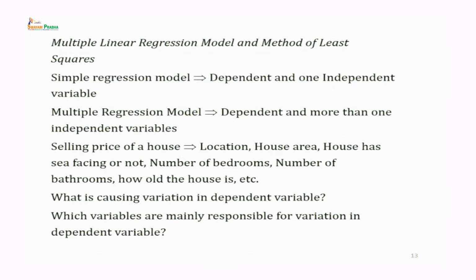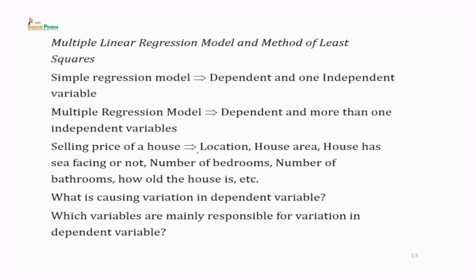In simple linear regression, actually you have just two variables, one dependent and one independent variable. In multiple regression, you have more than one independent variable. For example, if you take the selling price of a house, then the selling price depends upon so many variables.